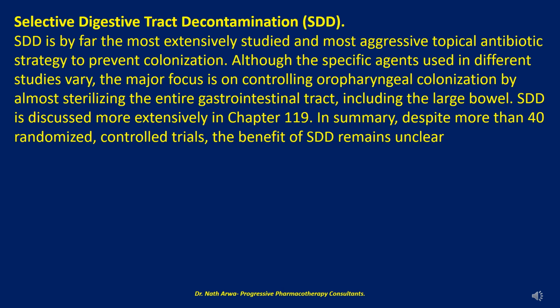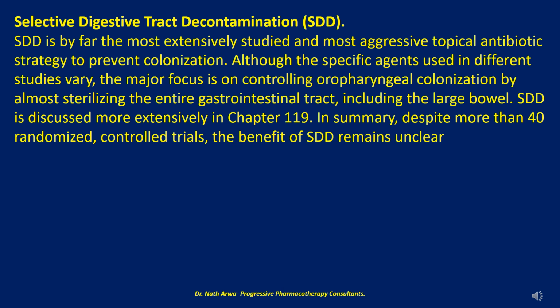We will now discuss selective digestive tract decontamination, abbreviated as SDD. Selective digestive tract decontamination is by far the most extensively studied and most aggressive topical antibiotic strategy to prevent colonization.